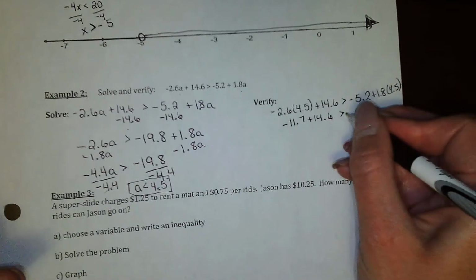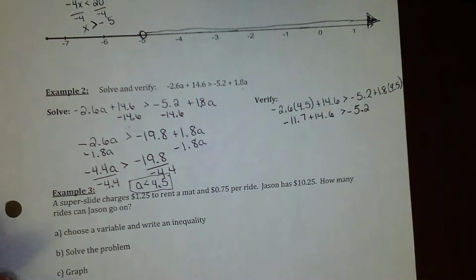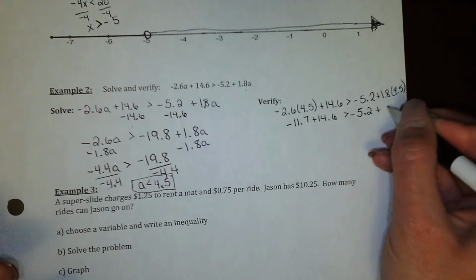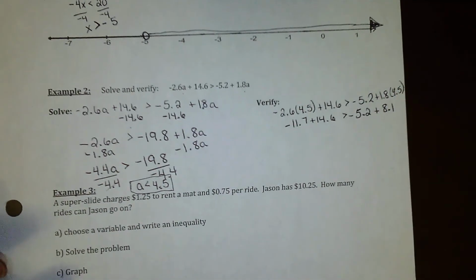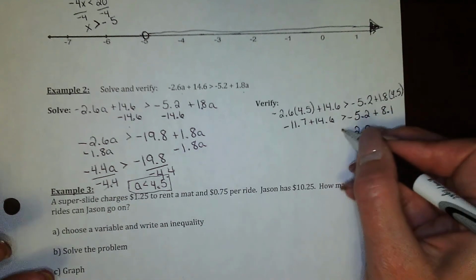And on this side, I've got negative 5.2 and plus 8.1. So just do some more simplifying there. This equals 2.9 on that side.